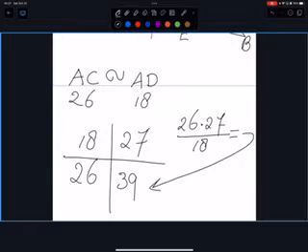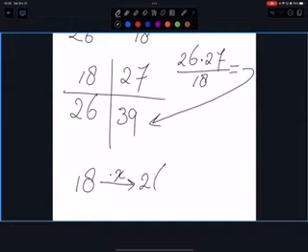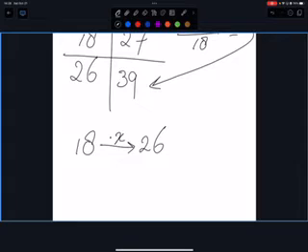The other way of doing it is the one I normally use, the factor method. 18 multiplied by something is 26. I would like to know which factor. So in order to get to that answer, I did 26 divided by 18.